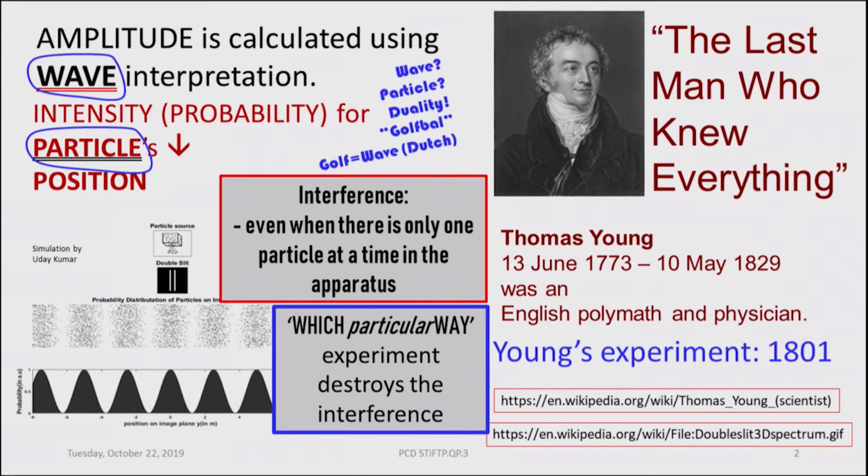So this is a simple which way experiment. Such experiments are called which way experiments. And when you perform a which way experiment, then the interference is destroyed. And this happens even when there is a single particle or a single photon in the whole apparatus.